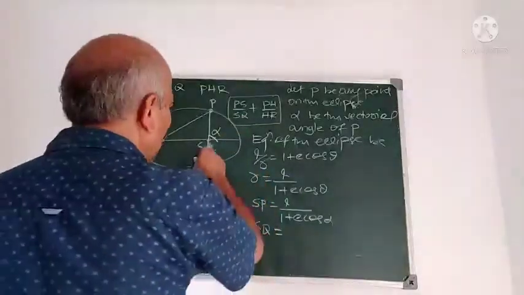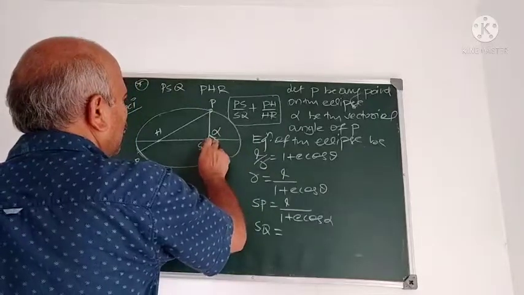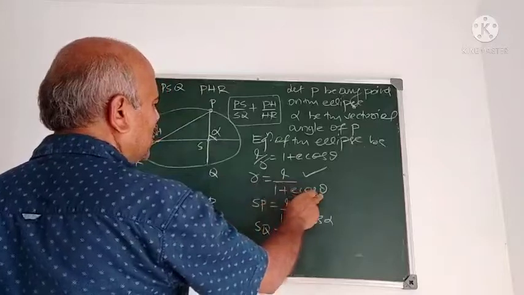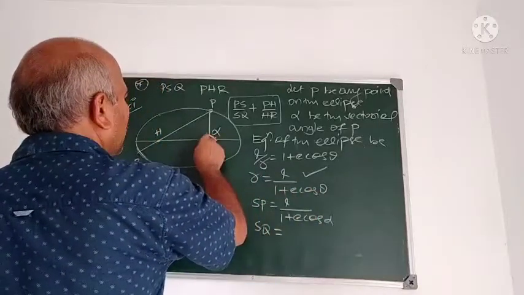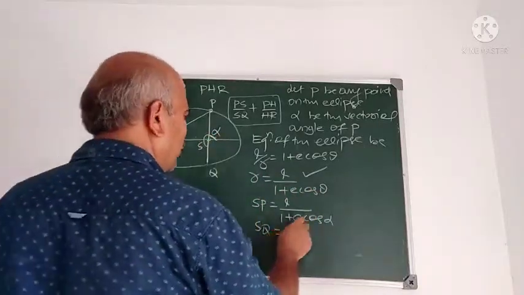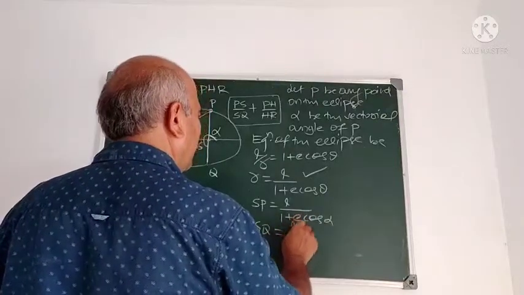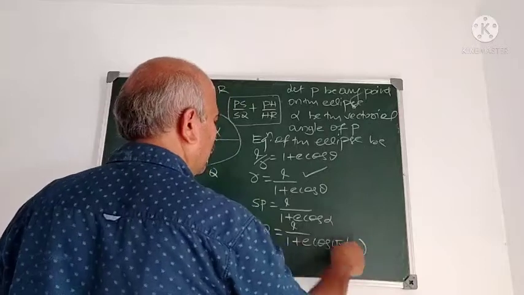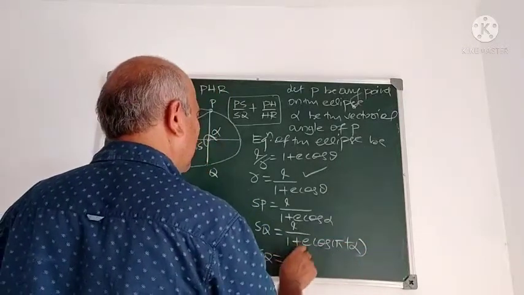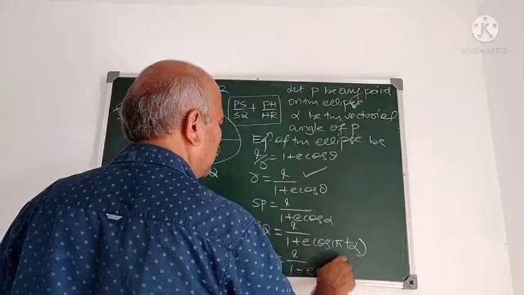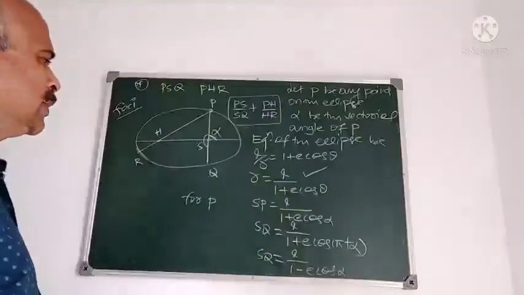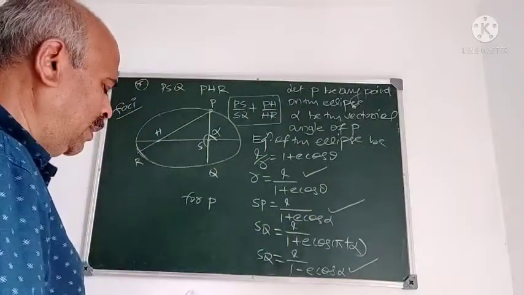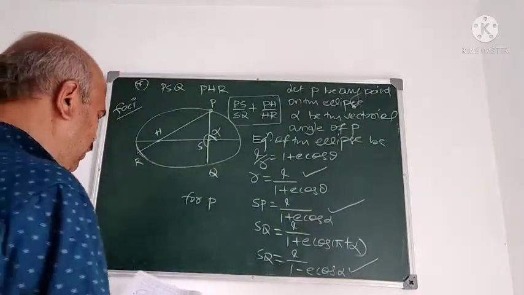For SQ, R is SQ, we substitute here. What is theta here? Theta is this angle, 180 plus alpha. Therefore, L by 1 plus E cos of pi plus alpha. So SQ is L upon 1 minus E cos alpha. SP is L upon 1 plus E cos alpha.